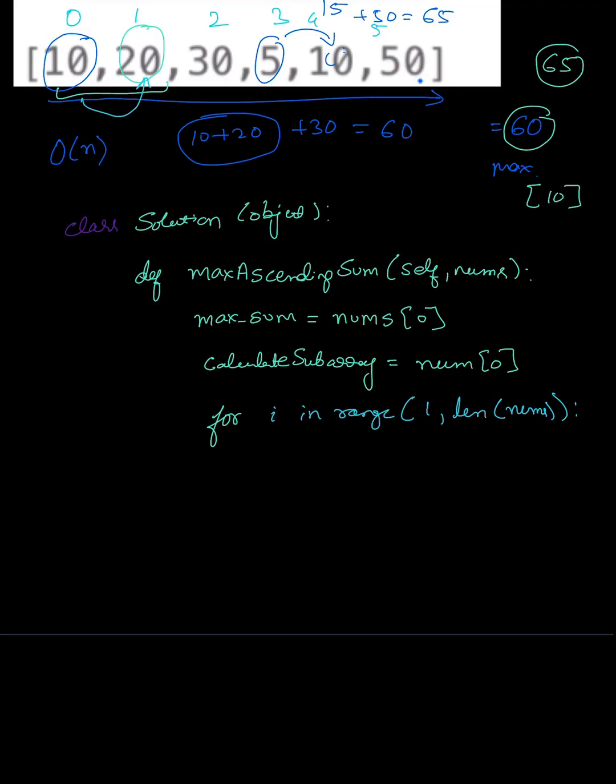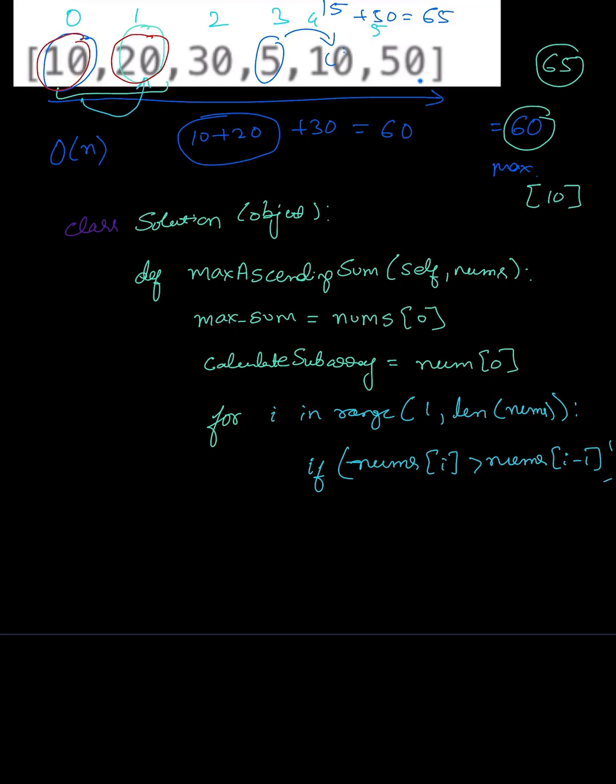At first, I will just check if the number is greater than the previous number. That is, if nums of i is greater than nums of i minus 1. Here, nums of i is this one, and nums of i minus 1 is this one.